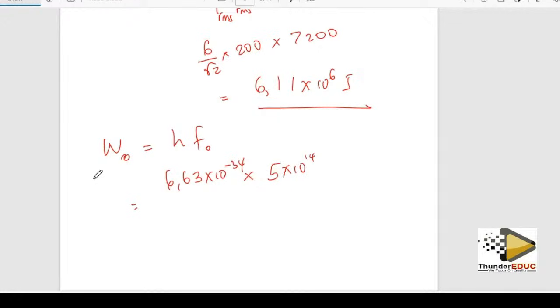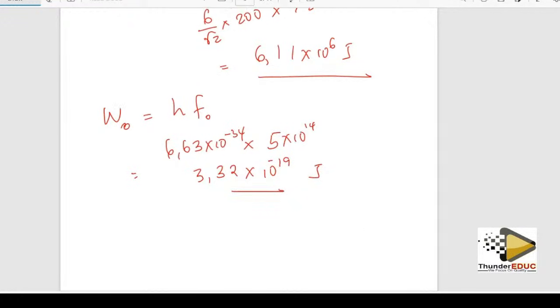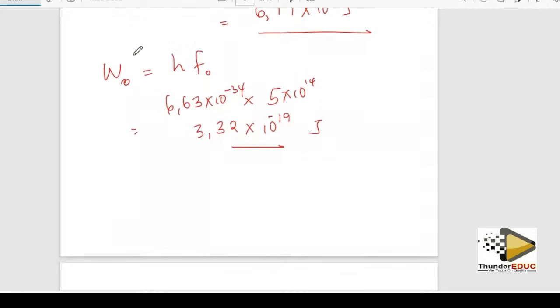I'm getting a weird answer, guys. Again, which is 3.32 times 10 to the negative 19. That would be joules, since it's work function, work done.